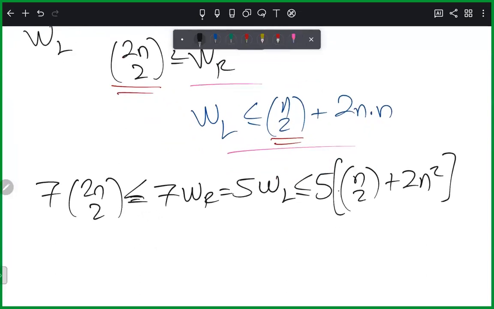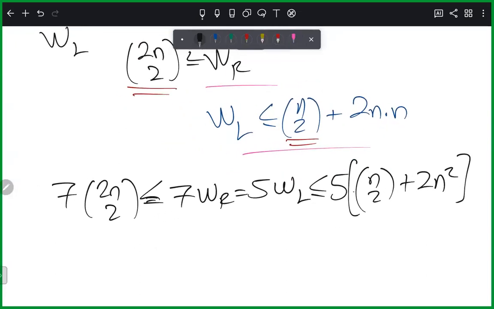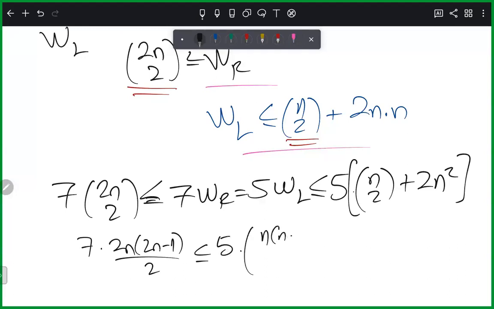Okay, and this sets a relation, an inequality for n. And let's work it out. So the left-hand side is 7 times 2n(2n minus 1) over 2. This is less than or equal to 5, parentheses, n(n minus 1) over 2 plus 2n squared.